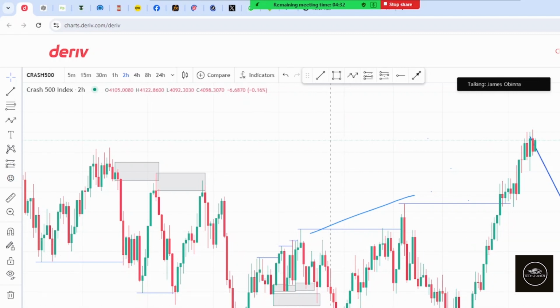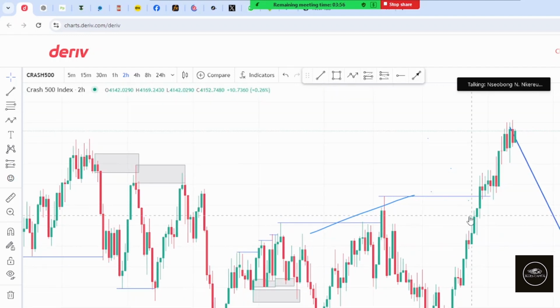So between this zone and this zone, which one did the market respect? Is it this middle zone or the extreme zone? The extreme gave more. The middle one was quickly taken out after it respected it for the short term.